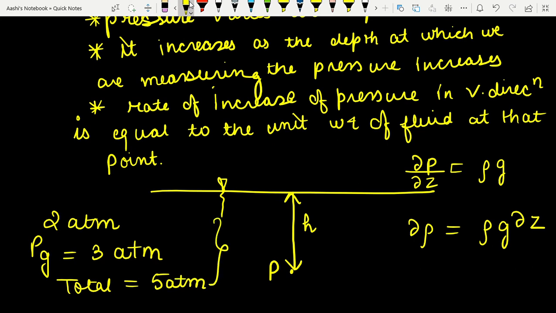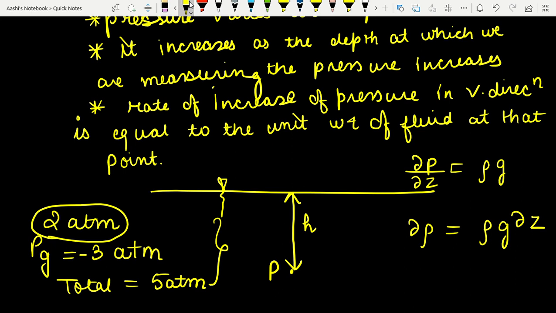That is what it means: gauge pressure is how much is in excess of atmospheric pressure. Already this much atmospheric pressure is there, and above that 3 atm of another pressure is acting. So the total will be gauge plus atmospheric, and this is also called absolute pressure. One more thing to be noted is, if the gauge pressure is negative, that means pressure is below the atmospheric pressure.